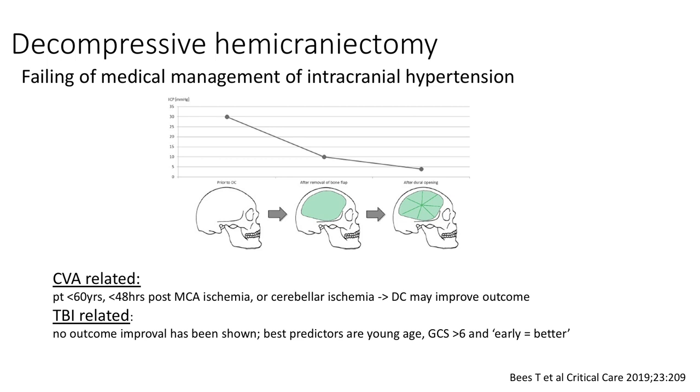What we're looking at when you give patients a chance is what the best predictors for good outcome are: when they're young, the GCS above 6, and the earlier you perform your decompressive craniectomy, the better it appears to be. But not always if conservative methods would have improved it on its own, or if you had to get to that invasive.